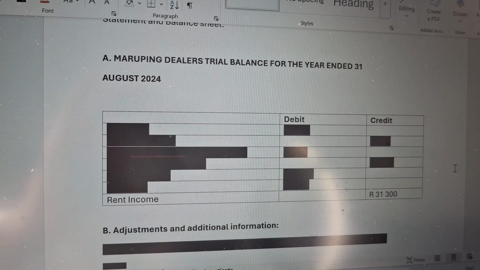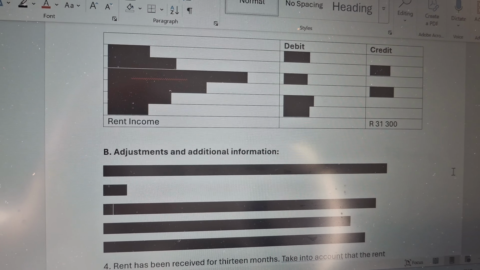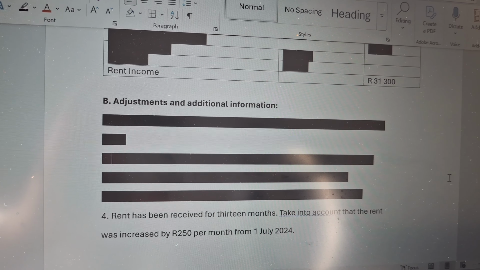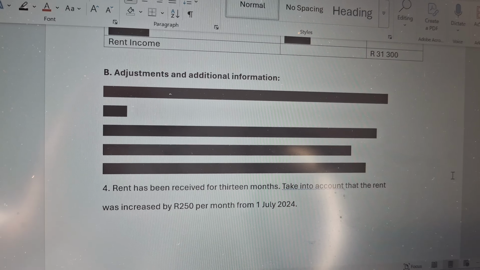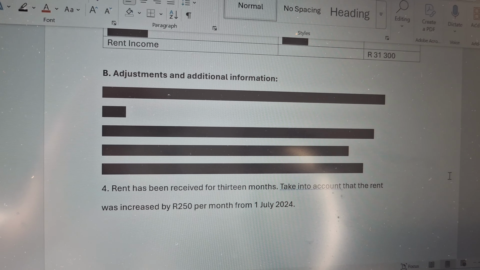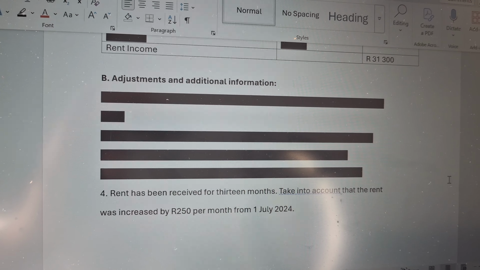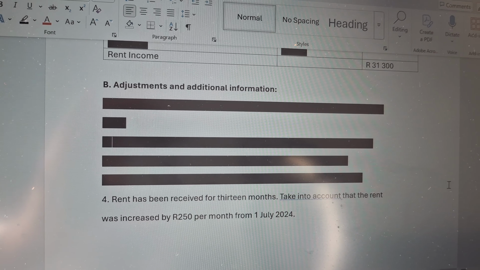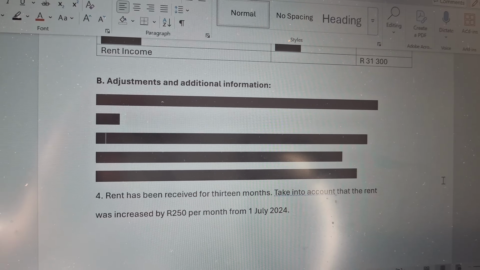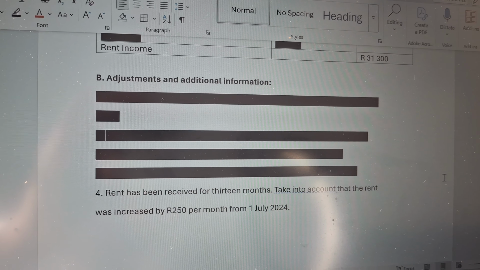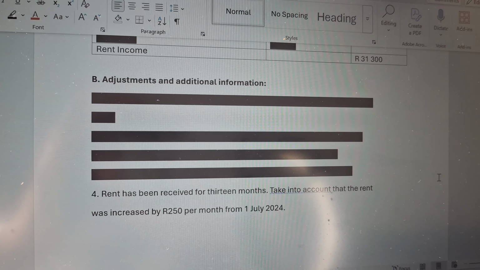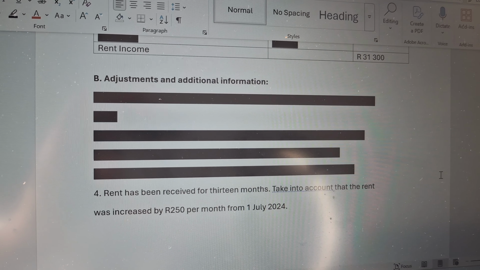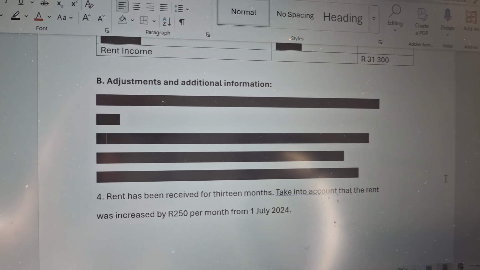In the trial balance, we are given rent income of 31,300. Then we are told that the rent has been received for 13 months. Take into account that the rent was increased by 250 per month from 1 July 2024.